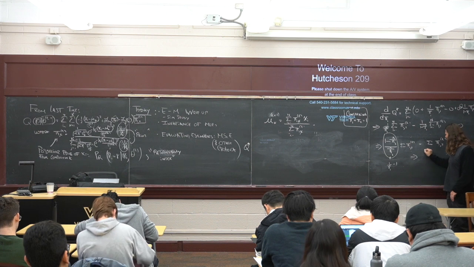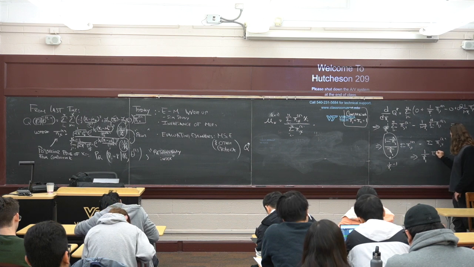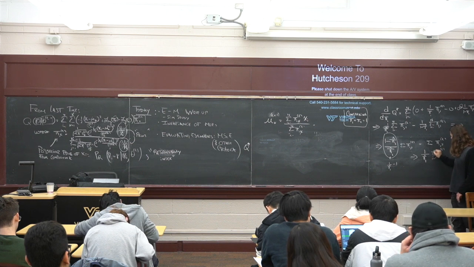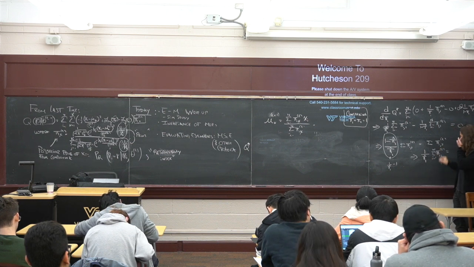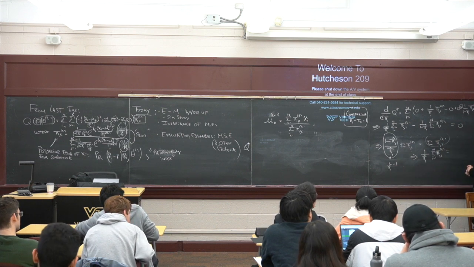This means that 1 over pi 1 hat times this, pi I1 t, I goes from 1 to n, is equal to this thing plus this. I'm going to pull that one over.